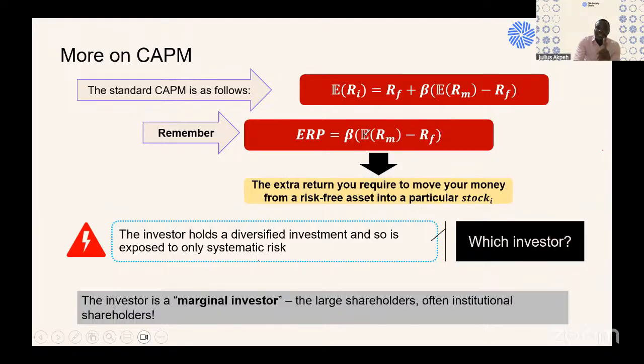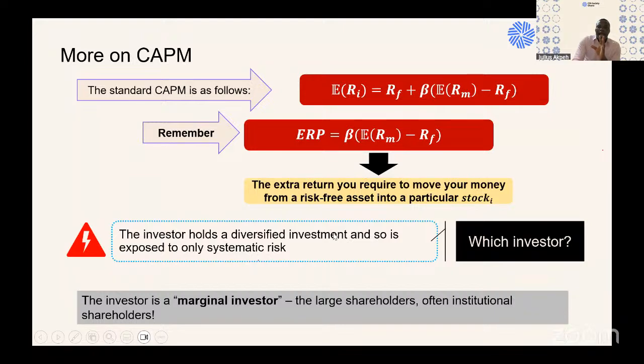But if the beta is less or more than 1, then it is adjusting it in relation to the risk in that particular stock. That's why I make it stock I. It can be any stock at all. So any stock and its own beta. So if the stock beta is 0.8, you just take the equity risk premium and multiply it by that. Now, I just said that the extra return you require to move your money from a risk-free asset to a particular stock is the equity risk premium.